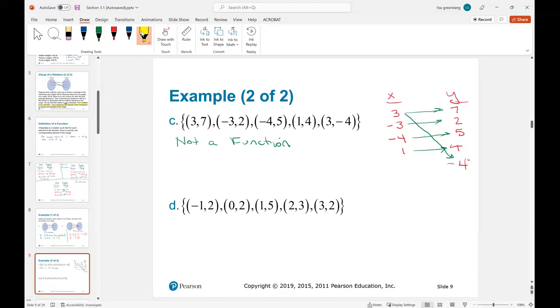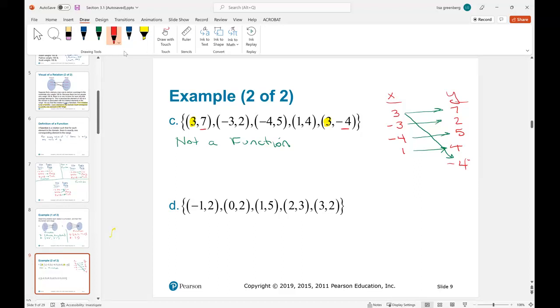And a way you can look at it just from the list is I have a 3 for X, and here's another 3 for X, but notice they both have different Y values. If they had the same Y value, it would really be the same. But since they have 2 different values, I don't know how to graph 3. I have 2 values. It makes it not a function.